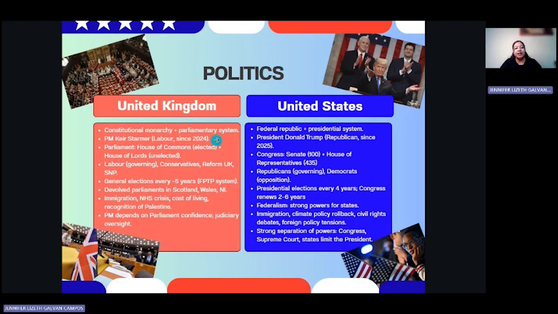In politics, the United Kingdom is a constitutional monarchy with a parliamentary system, and the Prime Minister is from Labour, starting in 2024. Parliament has the House of Commons, elected, and the House of Lords, not elected. General elections are every 5 years, with devolved parliaments. Issues include schooling, immigration, the NHS crisis, and cost of living.